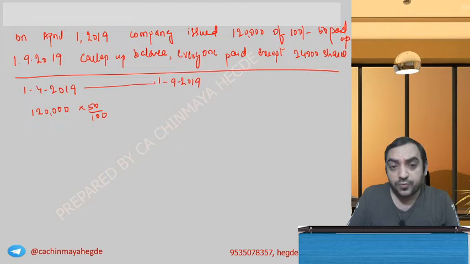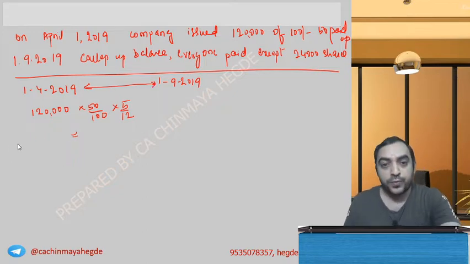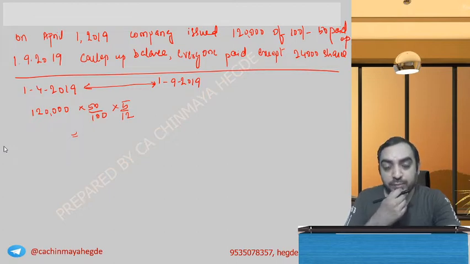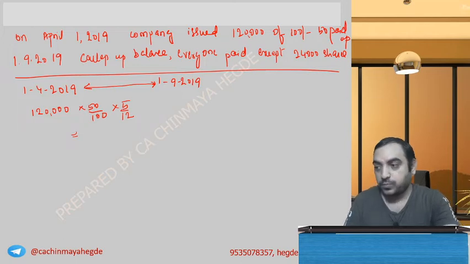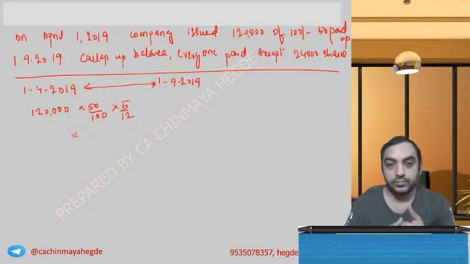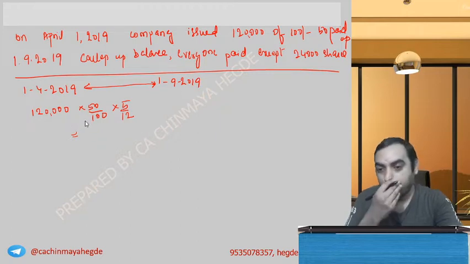So for a period of April to September: April, May, June, July, August, 5 months. 1,20,000 into 50 by 100 into 5 by 12 gives 25,000.